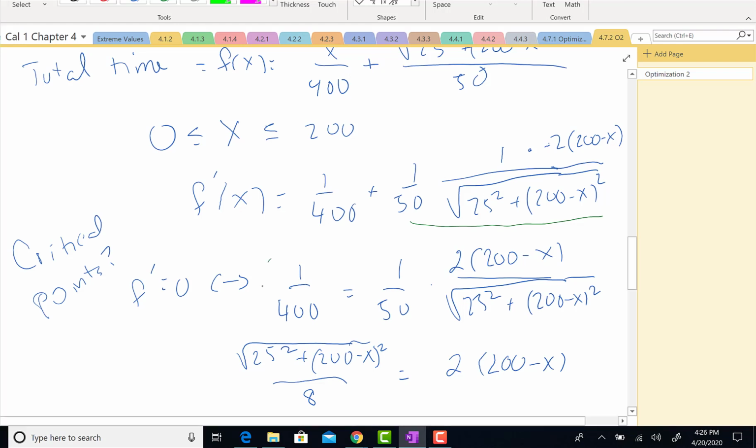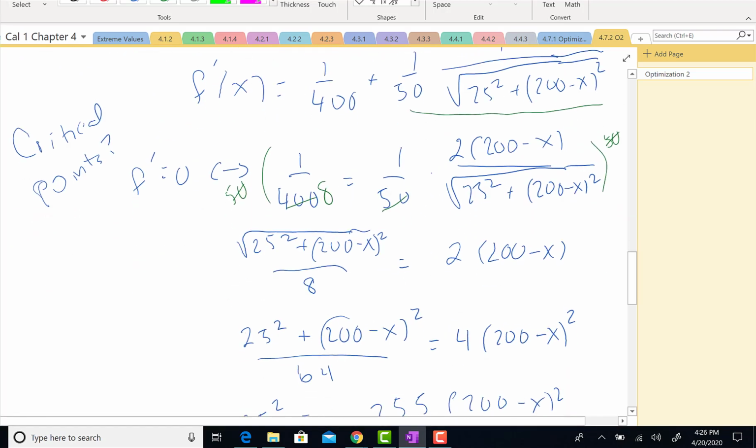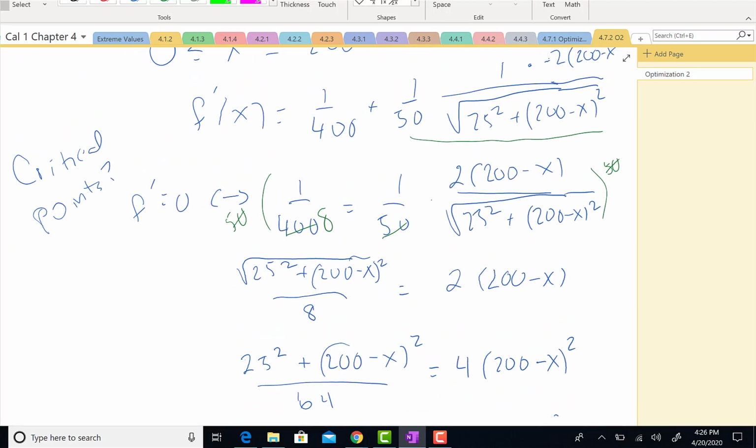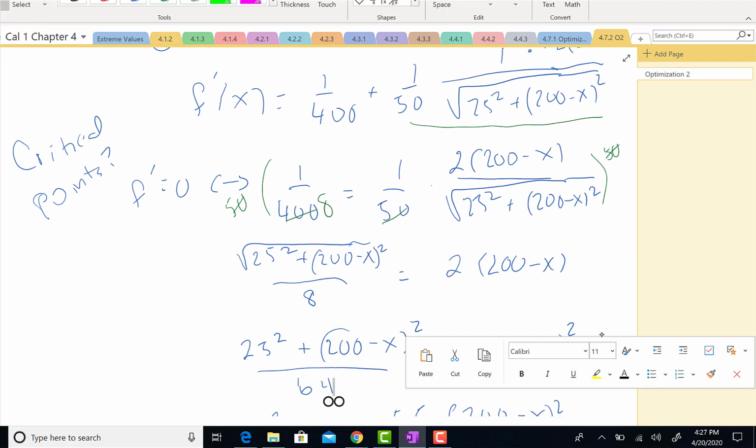Of course, if we multiply by 50 on both sides, we can tell where the denominator of 8 comes from. Squaring both sides to get rid of the radical, we have 25 squared plus (200 minus x) squared over 64 is equal to 4 times (200 minus x) squared.